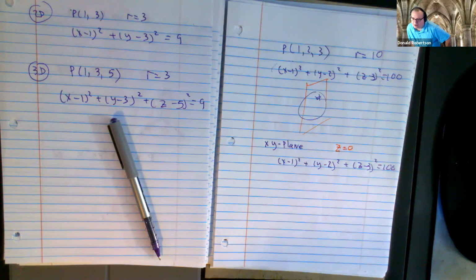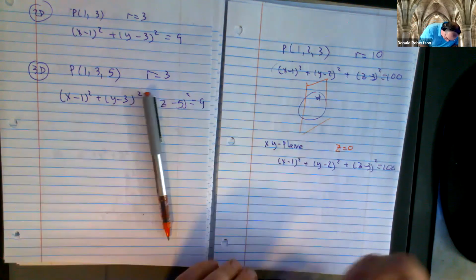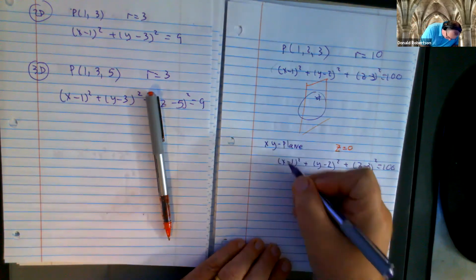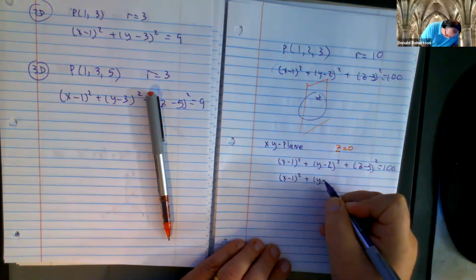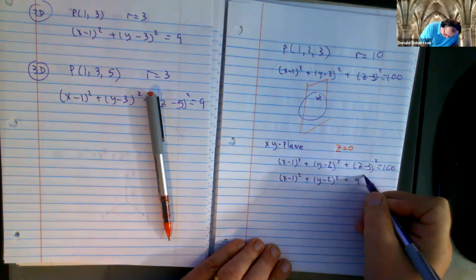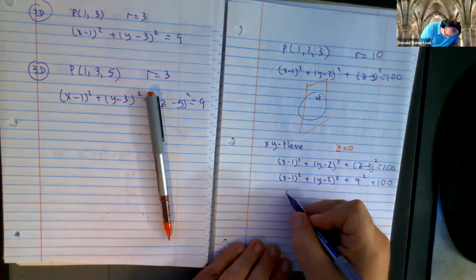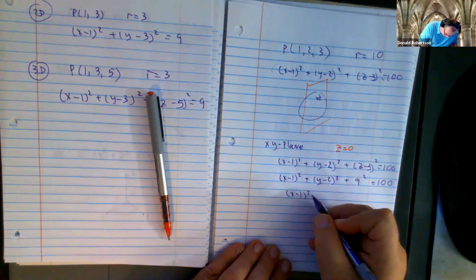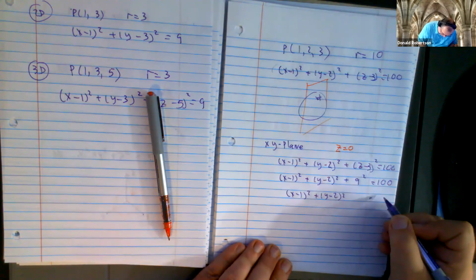If you did it in GeoGebra, you'd see it. Since I know z is 0 all the time when you're on the XY plane, this becomes (x + 1) squared plus (y minus 2) squared plus (0 minus 3) squared, which is 9, equals 100. And so this becomes (x + 1) squared plus (y minus 2) squared equals 100 minus 9, which is 91.